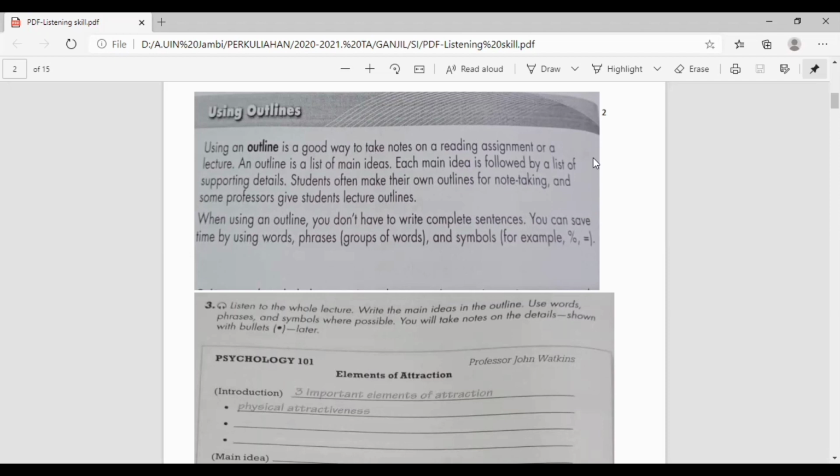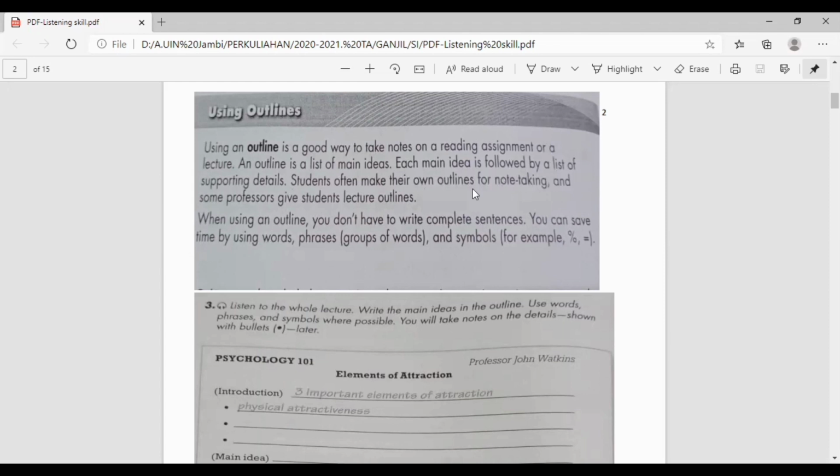So what is an outline? It is a list of main ideas. Each main idea is followed by a list of supporting details. Remember that each main idea is followed by a list of supporting details or supporting statements.